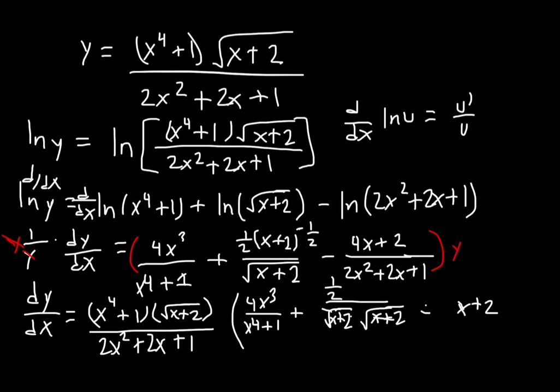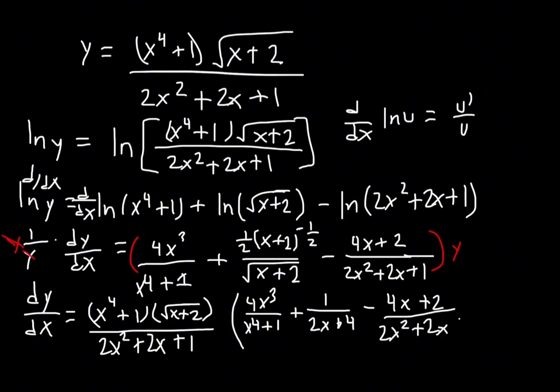So it's x plus 2 times 2, and if we expand it, we get 2x plus 4. So 1 over 2x plus 4, minus 4x plus 2 over 2x squared plus 2x plus 1. So this is the derivative of this function.